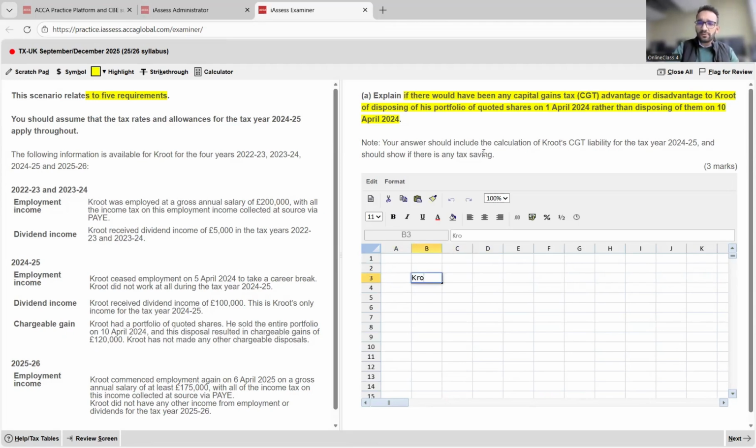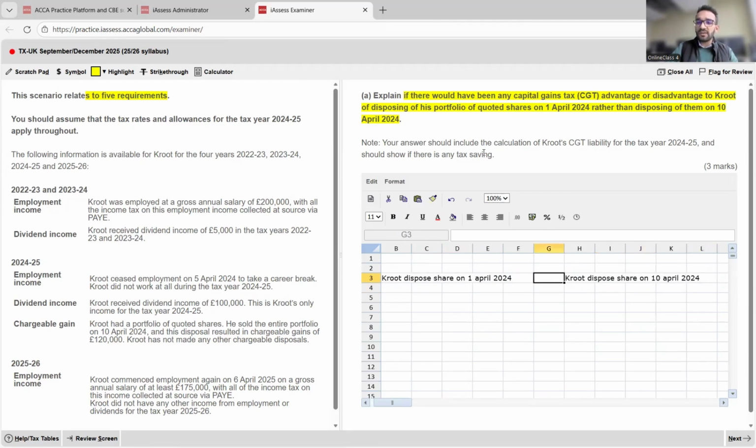If Crude sells or disposes of shares on 1st April 2024, or disposes of shares on 10 April 2024, now see the difference. The difference is very clear.